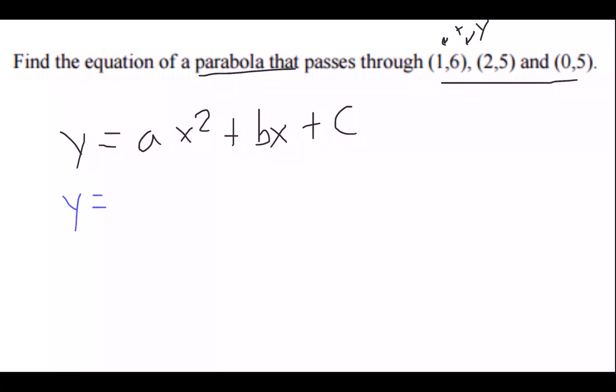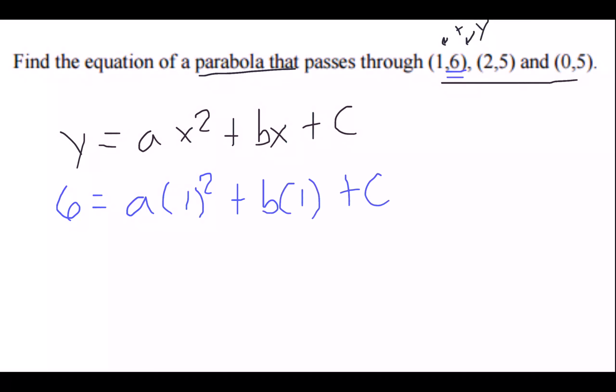The first one will be, whoops, gotta erase that first part, I already messed up, I didn't plug in my y. So my y was 6, right there. Then I plug in the x, and I plug in the x, and I leave that c the same.